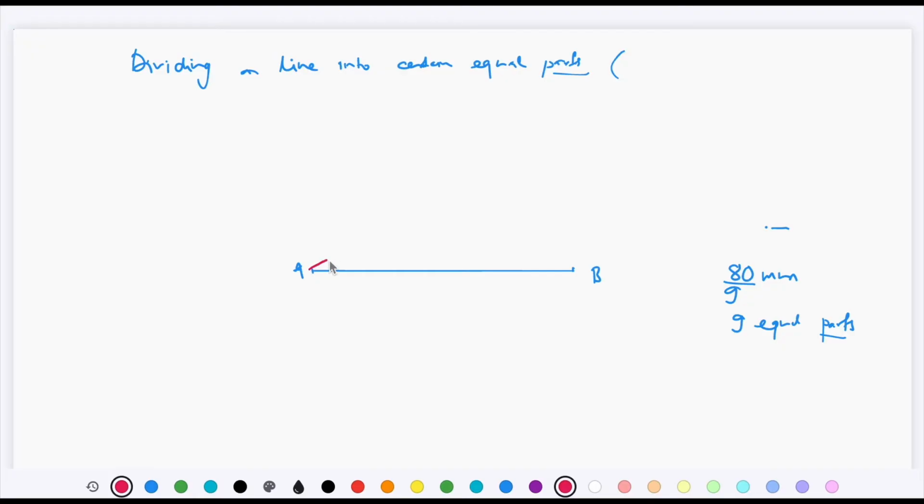So what we are supposed to do: draw one line through any of the ends, let's say end A or end B. This angle has to be an acute angle, so that angle has to be less than 90 degree. You can take any random angle, it has to be acute.